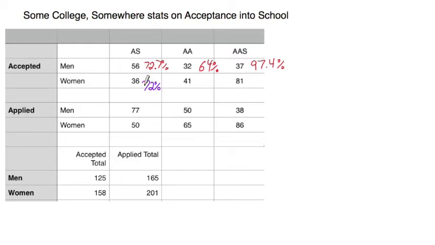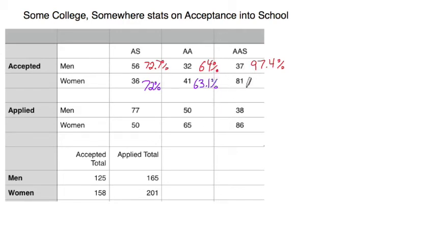So here the men did better than the women. This one here would be 41 divided by 65, the number accepted out of the total number applied. So 41 divided by 65 is 63.1%. And again, the men did better.